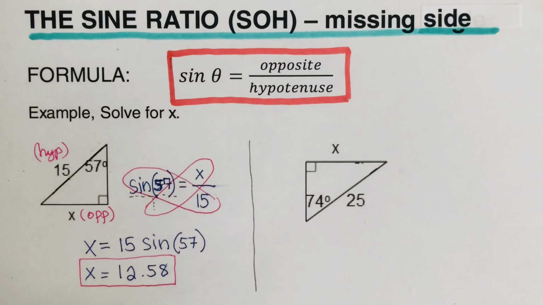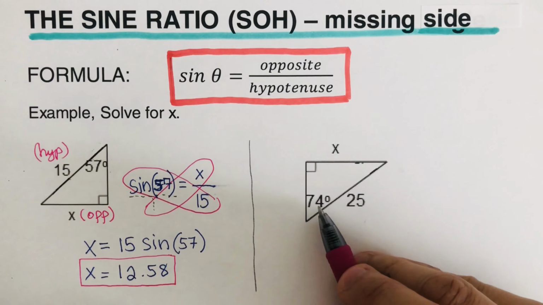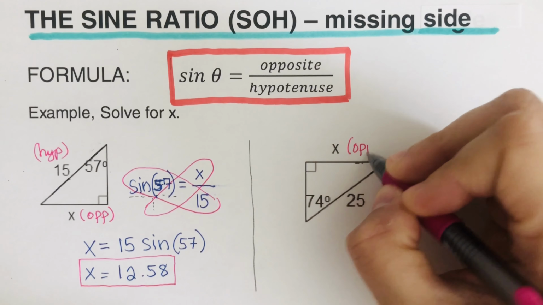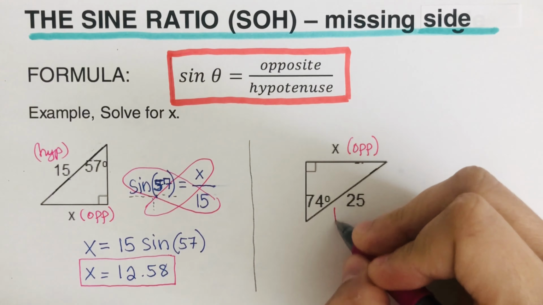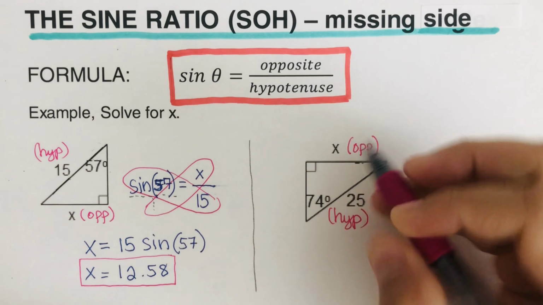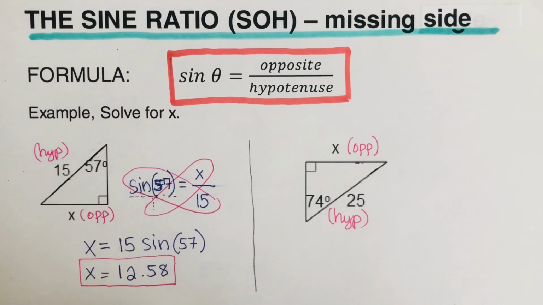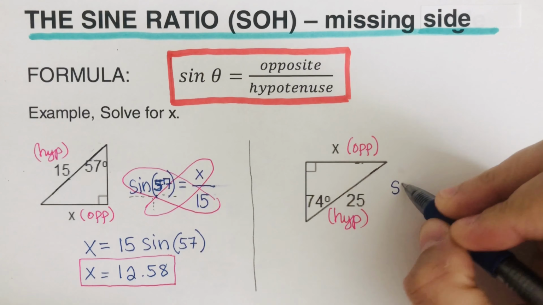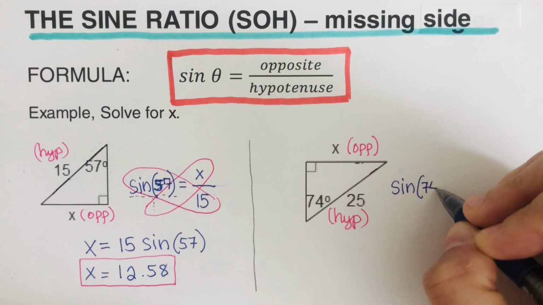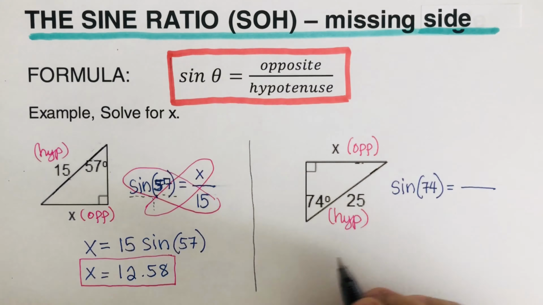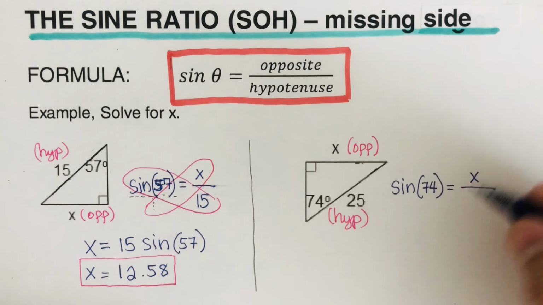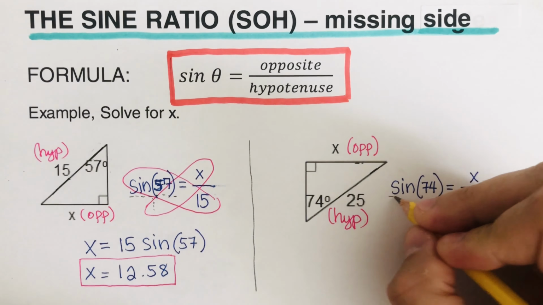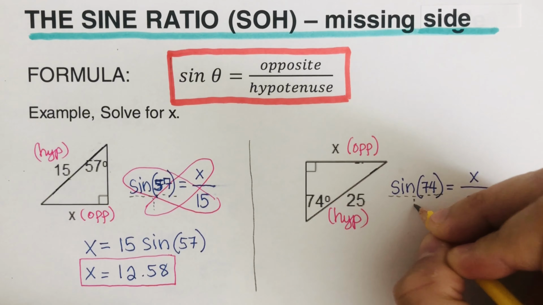Okay, so we go over this problem here. Again, this is angle 74. So the x here is the opposite side, and the 25 is the hypotenuse. Opposite over hypotenuse is sine. So then we can set up the equation here as sine of 74 is equal to the opposite, x, over the hypotenuse, 25. Please remember that, again, it has an invisible denominator of 1.